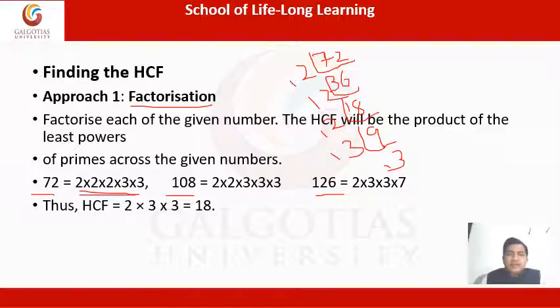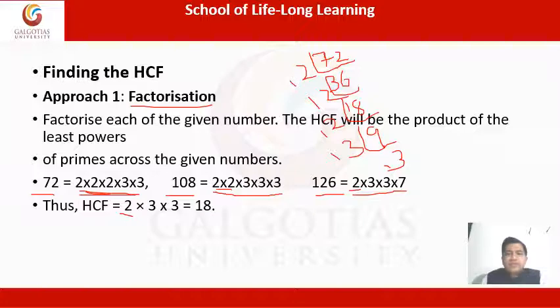Similarly, 108 can be split in the same way as 2 into 2 into 3 into 3 into 3, and 126 as this. Now, taking each prime factor separately, what is the maximum common? In terms of 2, here you have only one 2, here two 2's and here three 2's. The maximum common is only one 2.